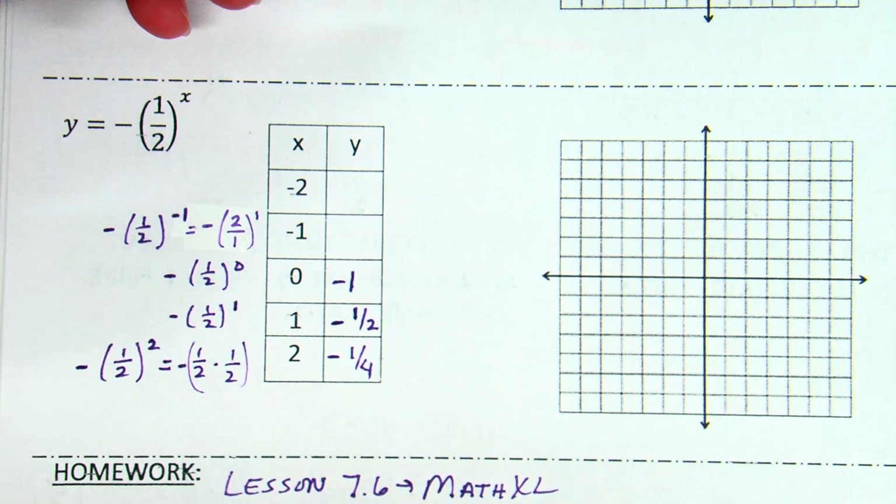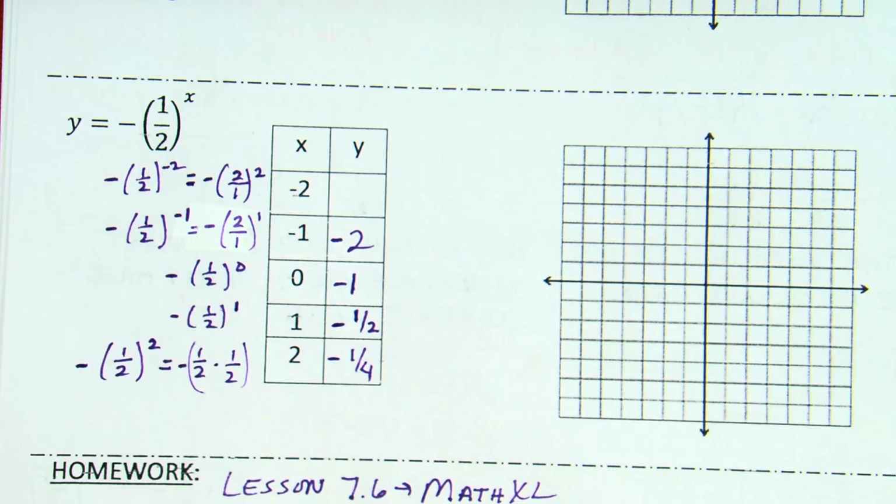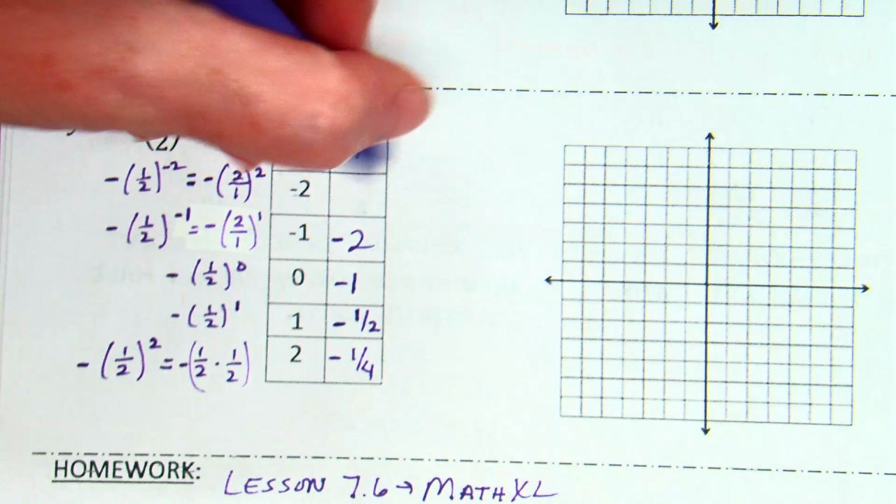Negative of 1/2 raised to a negative second. So negative, and this time it's going to be, instead of 1/2, 2/1. Now it's raised to the positive 2. Yep. 2/1 is 2. 2 squared is 4. The negative of that is negative 4.